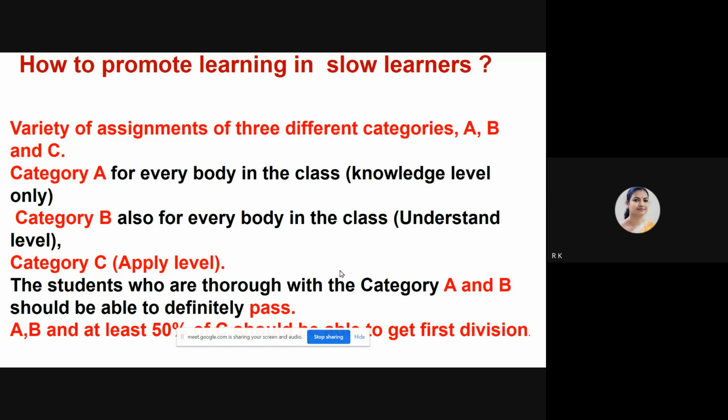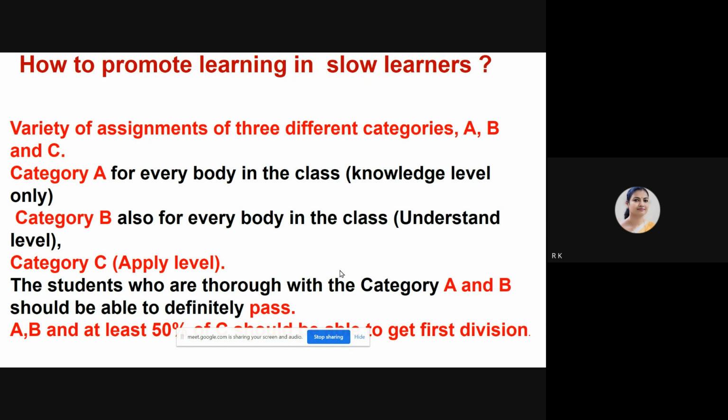For category A, I can give an assignment at the knowledge level only. Category B, I will give the understanding level. And category C, I will give the apply level. I hope we are aware of Bloom's taxonomy. Based on whether it is level 3, 4, 5, or 6, I will give the assignments accordingly.